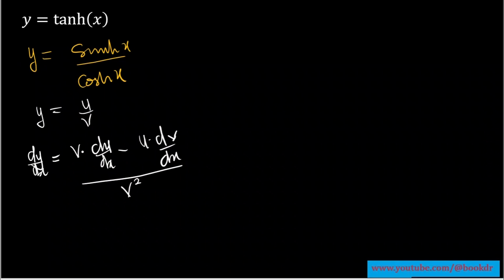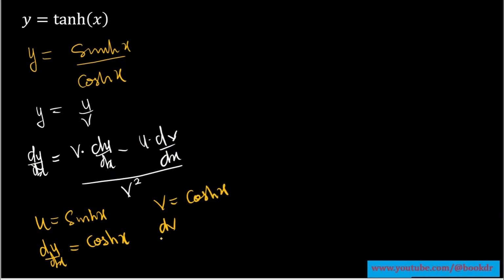So in this regard, our u is equal to sinh x, and when we differentiate u with respect to x, we'll get cosh x, and our v is the denominator, which is cosh x. When you differentiate v with respect to x, it will give us sinh x. Then we throw these into the formula that we have written above.